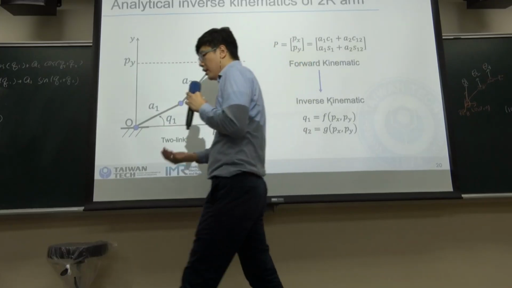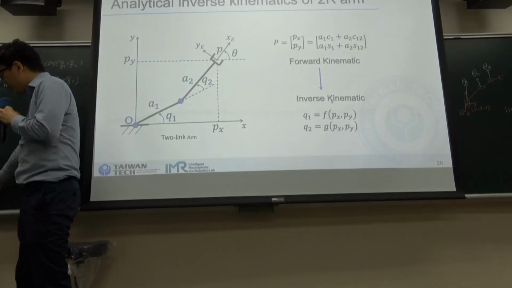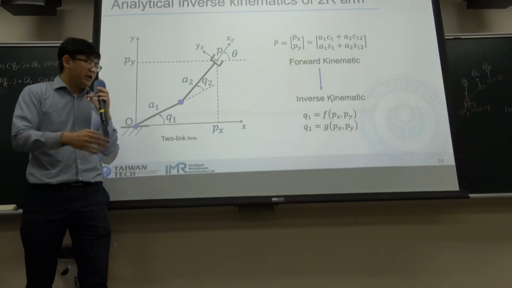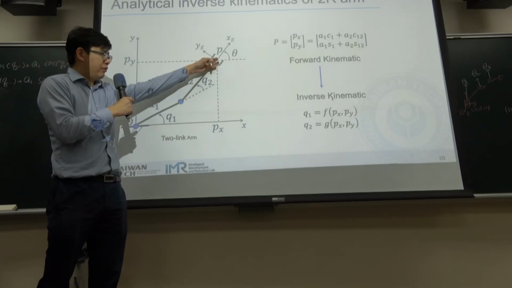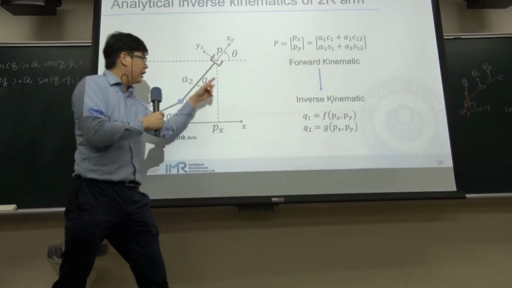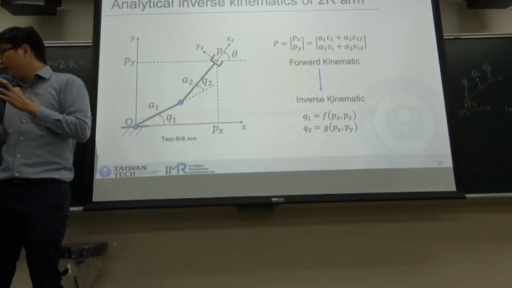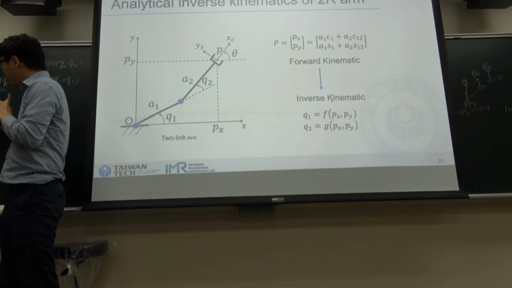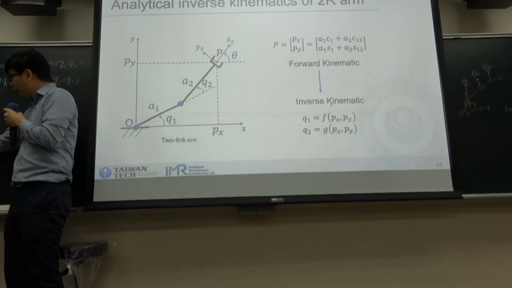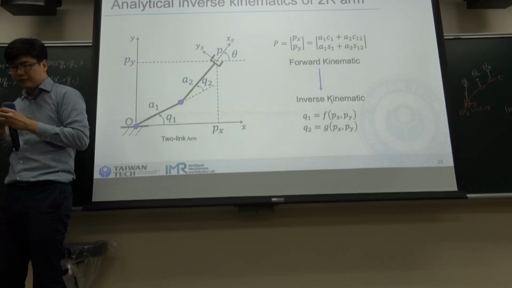Sometimes we'll be given directions. If we get the direction, there will be only one solution. If we get only one position, then there will be two solutions. So for this example, we'll be given x1 and y1, and we want to find q1 and q2.